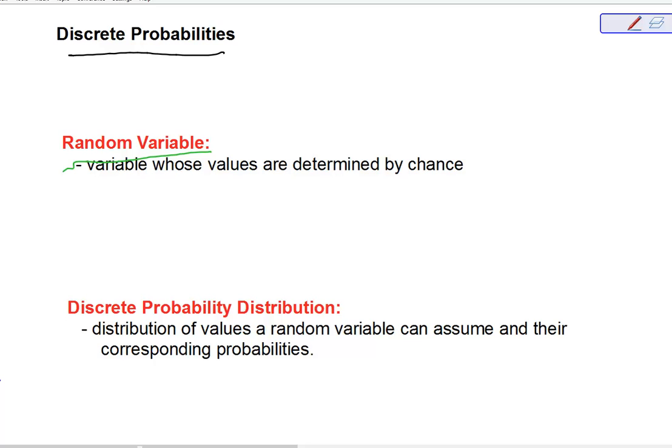Okay, remember back when we were talking about probabilities, the rolling of a die. You have the possibilities of getting a 1, 2, 3, 4, 5, or 6. Those are discrete numbers. Their probability all happens to be the exact same thing, which is 1/6, 1 out of 6.